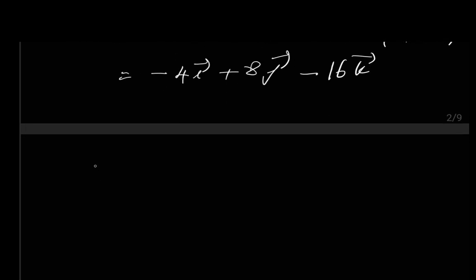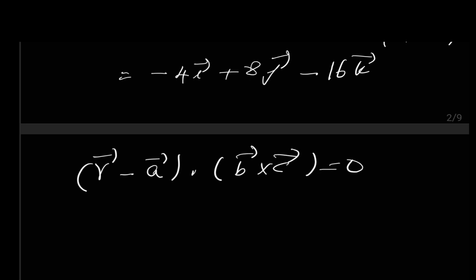Now find the non-parametric form: (r minus a) dot (b cross c) equals 0.